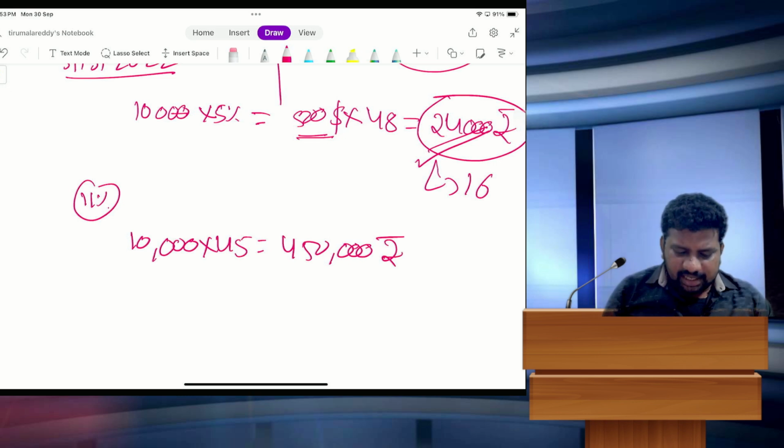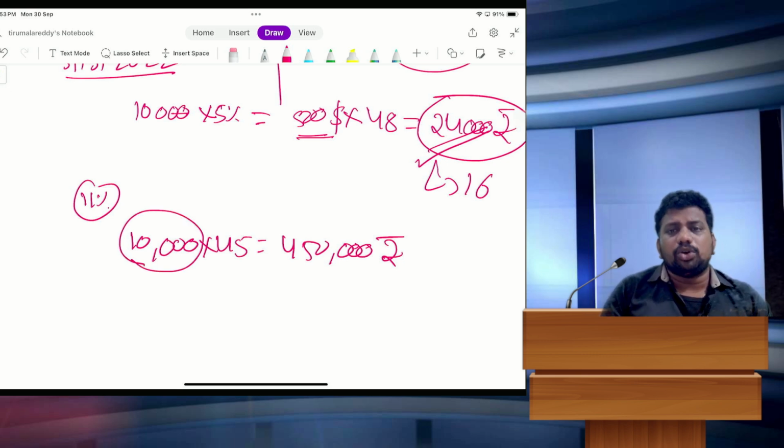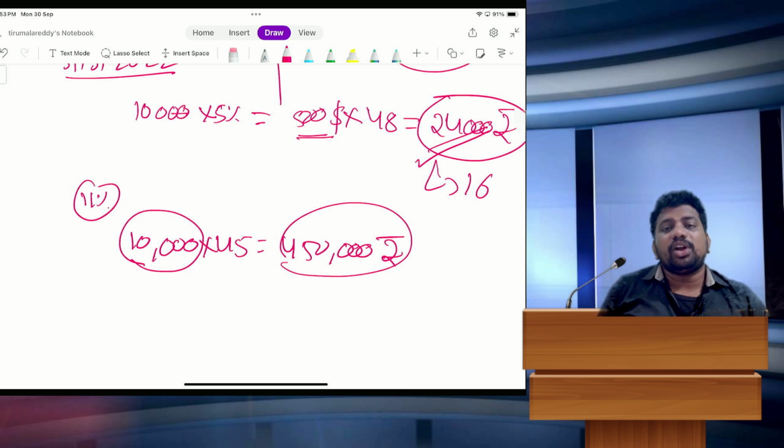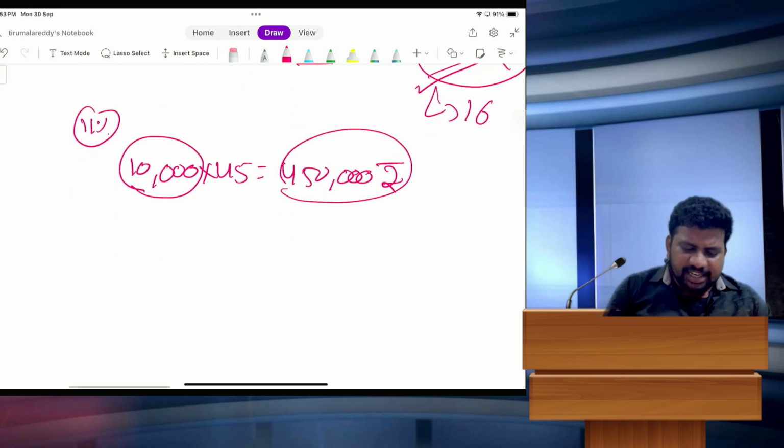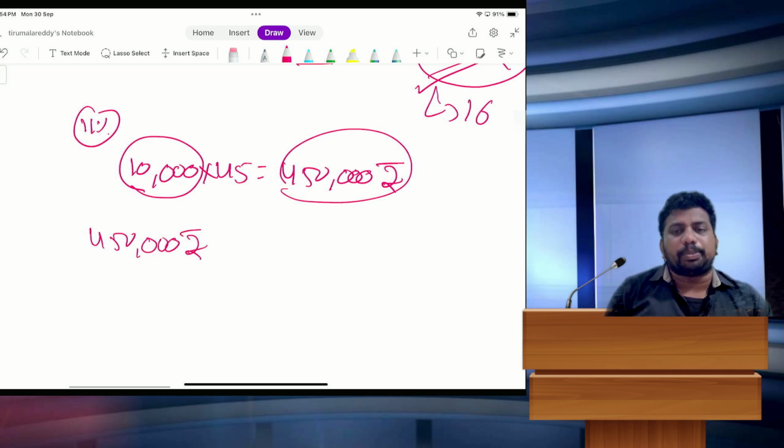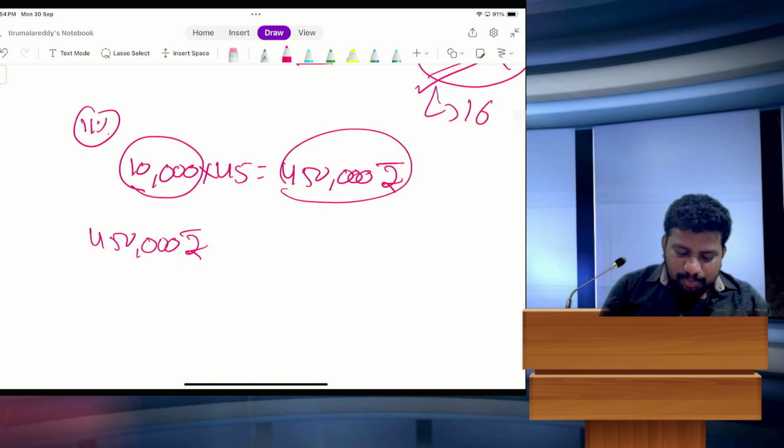Now, if we take a $10,000 loan in US, it is equal to taking 4,50,000 in Indian rupees. We are assuming that in India also I am taking a similar loan of 4,50,000 rupees. If I have taken a loan in Indian rupees, I would be paying interest at the rate of 11%.